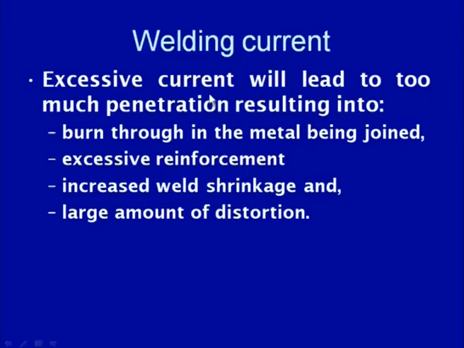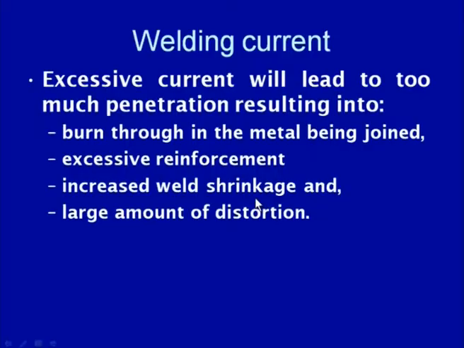Excessive current will lead to too much penetration in the weld joint, which in turn can result in burn through, where through thickness melting takes place and a hole is created, or excessive reinforcement is developed due to the excessive melting and deposition of the weld metal, or increased weld shrinkage due to the larger size of the weld pool being formed, and subsequently excessive shrinkage will lead to excessive distortion in the weld joint.